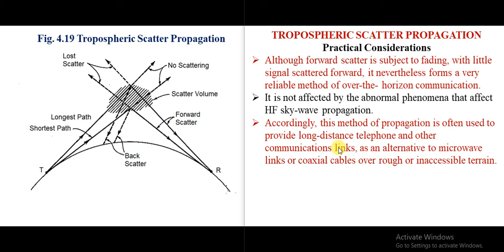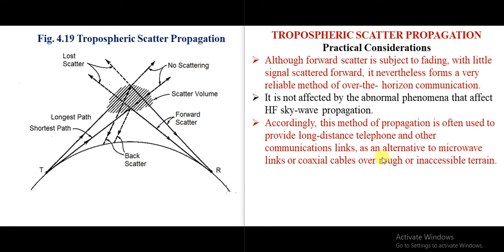Who is acting as a reflector? The scatter volume, the blobs. These blobs are acting as an ionospheric layer, and this portion, which is called the scatter volume or blob, is present in the troposphere, and hence the name tropospheric scatter propagation. It is not present in the ionosphere, it is present in the troposphere.